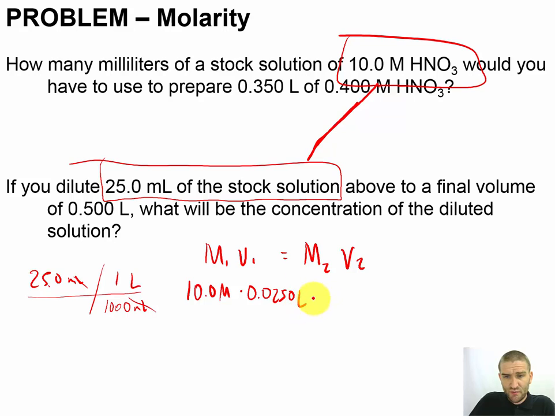0.0250 liters equals, now I'm trying to find the concentration, so M2 is the thing that I'm trying to calculate. I'll go ahead and put that right there. Now I'm going to put in my volume, which is 0.500 liters. I'm going to bring that to the other side, and now I'm ready to grab the calculator in order to determine this one.